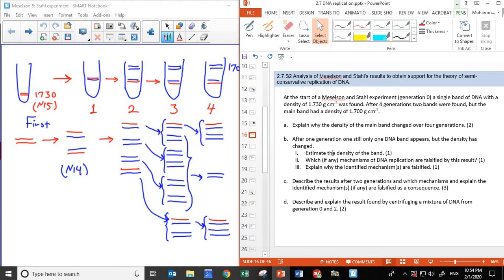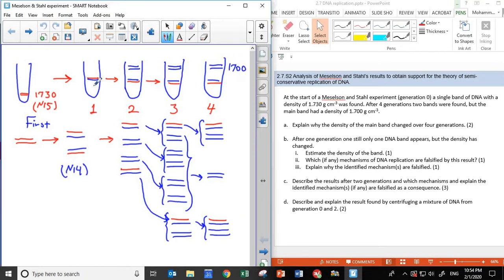Estimate the density of the band. What do you think is the density of this band in here? Which, if any, mechanisms of DNA replication are falsified by this result? And explain why the identified mechanisms are falsified. Pause the video and answer all the questions.